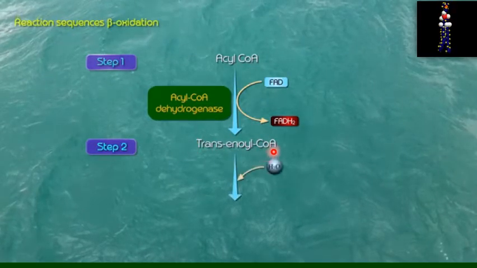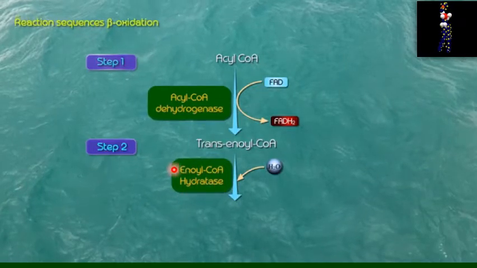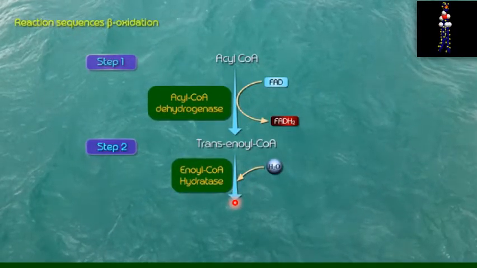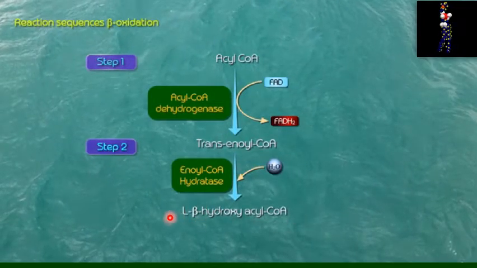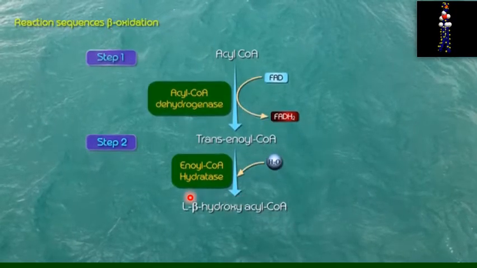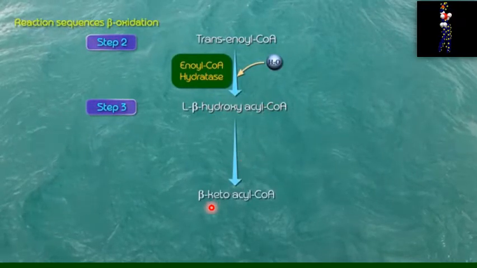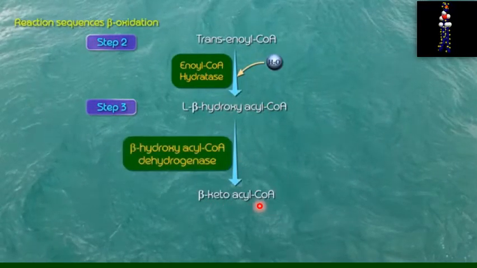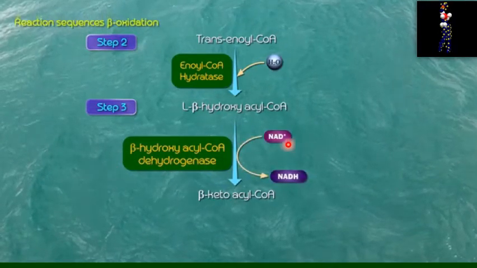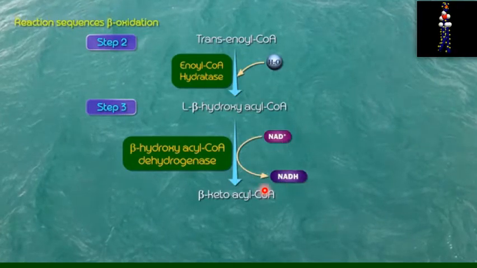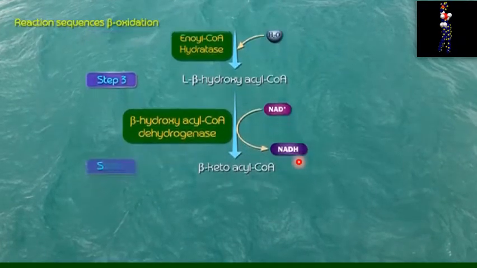This trans-enoyl coenzyme A is again converted with the help of the enzyme enoyl coenzyme A hydratase and produces L-beta hydroxyacyl coenzyme A. This again undergoes another reaction and produces beta ketoacyl coenzyme A with the help of the enzyme beta hydroxyacyl coenzyme A dehydrogenase, and it produces one NADH molecule in this step. So one FADH2 in step 1, and the second, an NADH molecule, in this step.